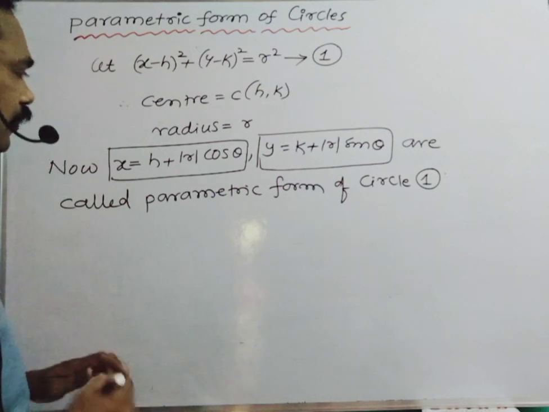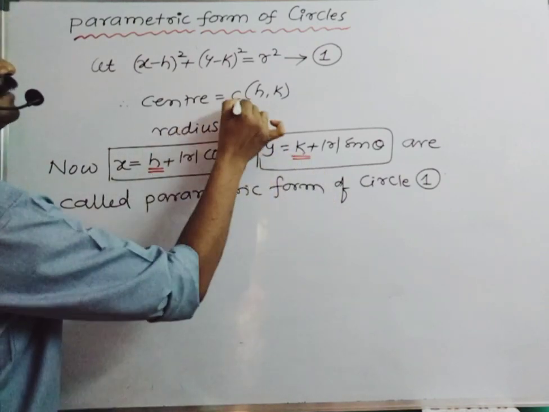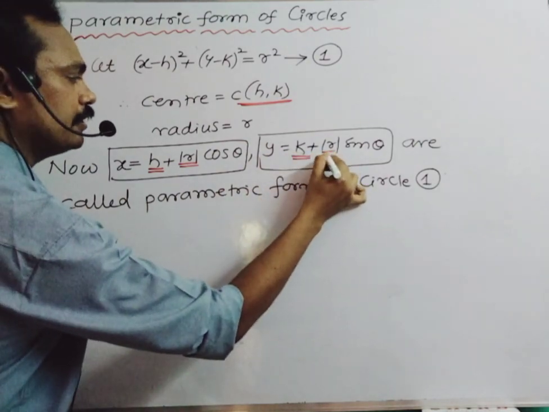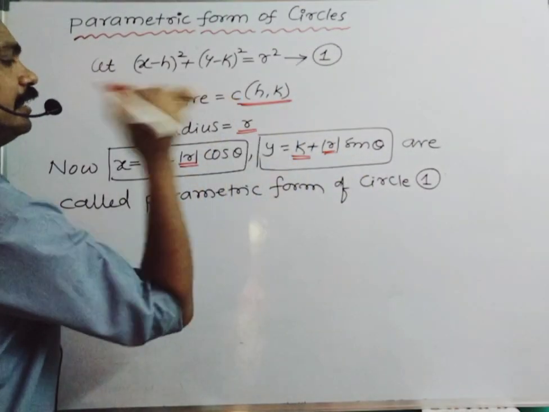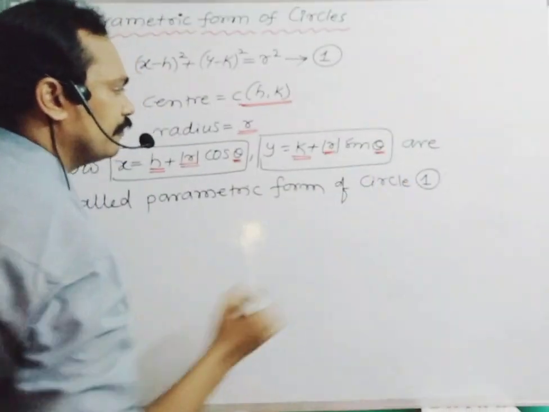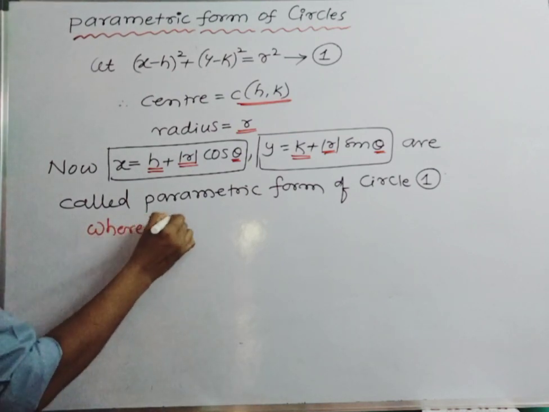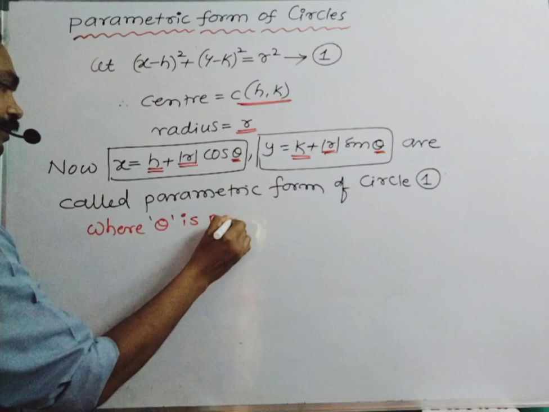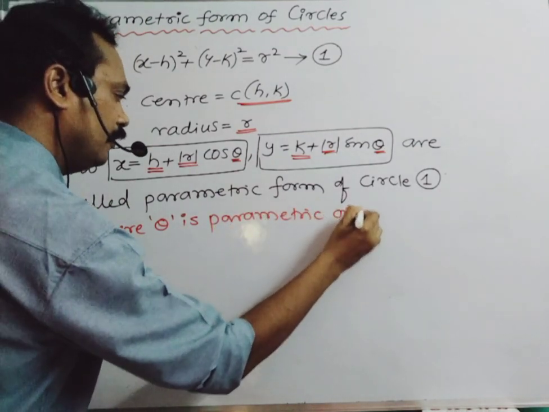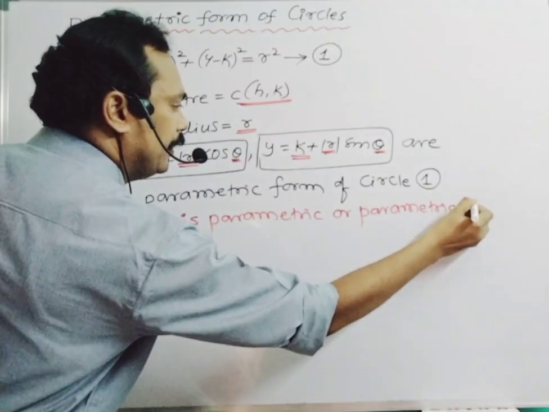Here, if you observe, h comma k is the center of the circle, and r is the radius of the circle, where theta is the parameter, or the parametric angle.